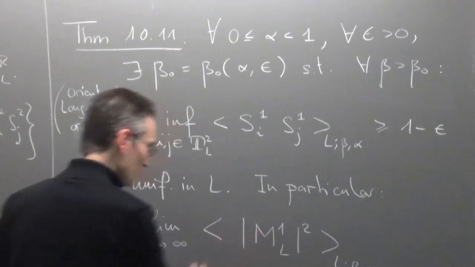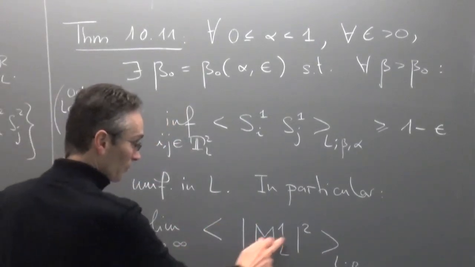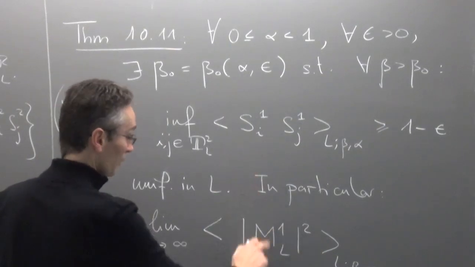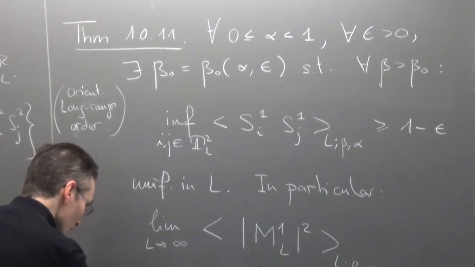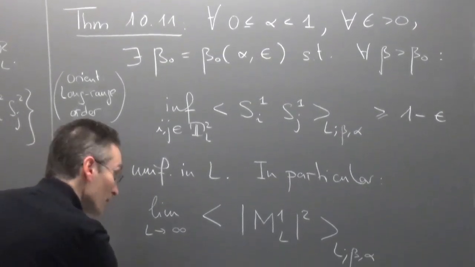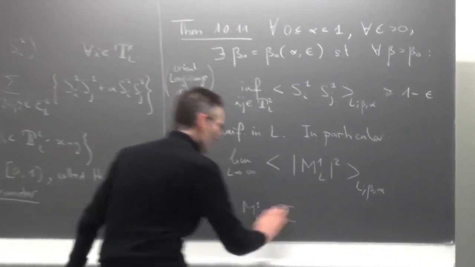So what is this quantity? It's just the average. I average over the whole torus the first component of the spins, and I take the absolute value square. So where m1 L is the average, right?